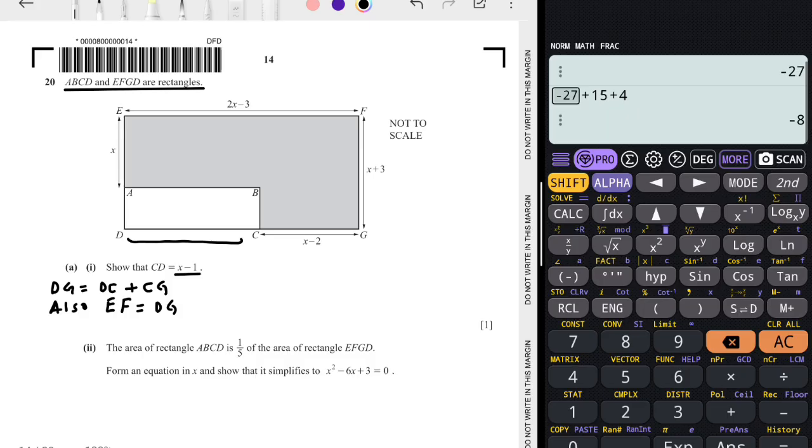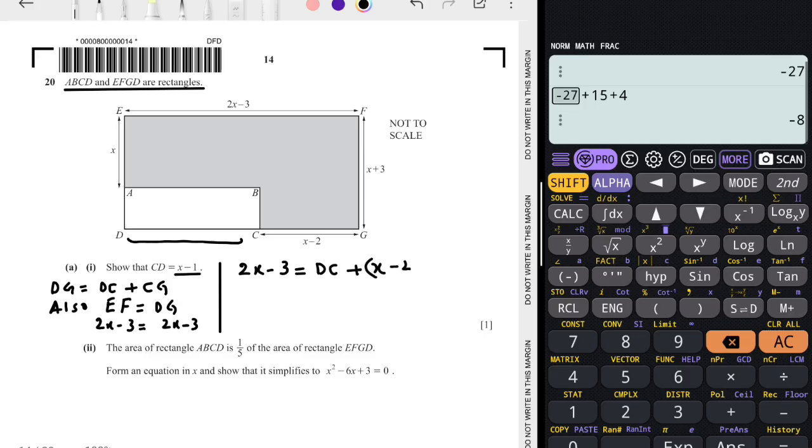So we can say that if EF is 2x minus 3, DG would also be 2x minus 3. So we can do some working here. In place of DG we are going to write 2x minus 3 is equal to DC, which is missing, plus CG, which is x minus 2.